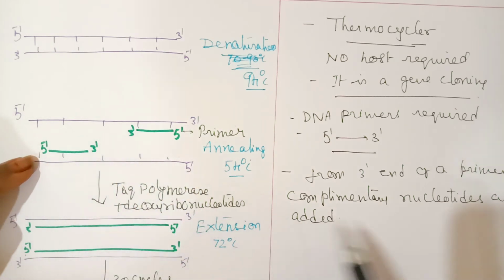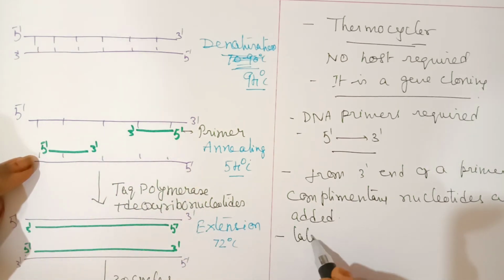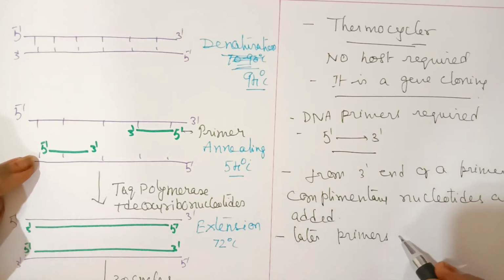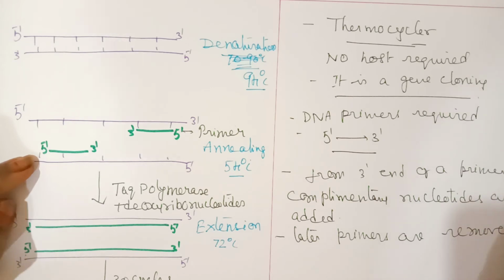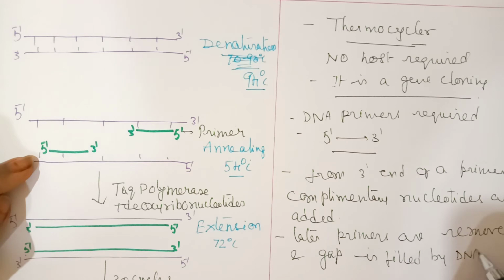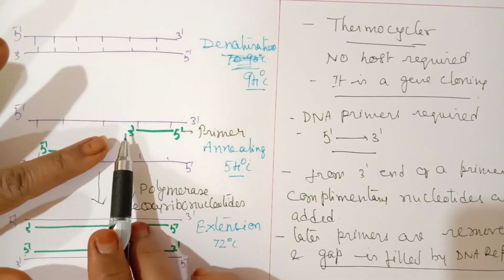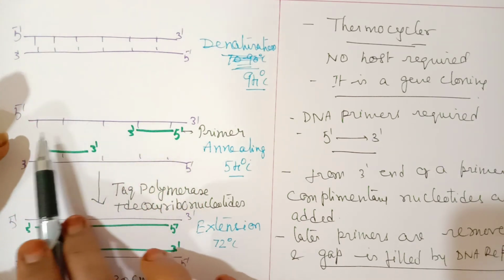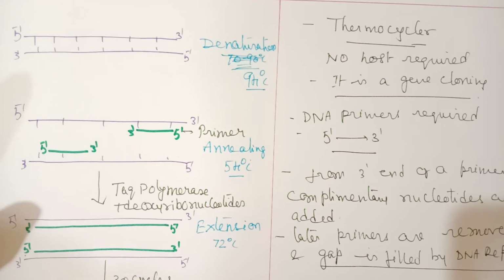Later, these primers are removed, and the gap is filled by DNA repair process. So from 3 prime onwards, nucleotides will be added.